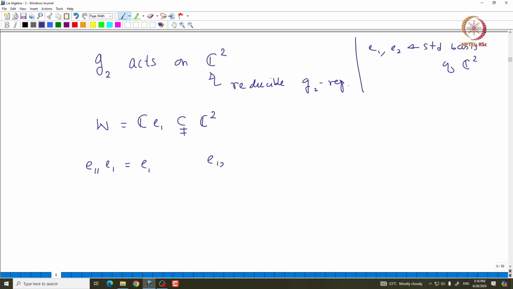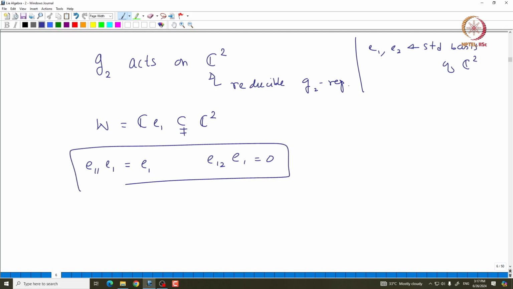Then if you take E12, which is acting on E1 will be 0, okay, just a simple matrix multiplication. So, that tells you that because G2 is the span of E11 and E12, which is the non-abelian two dimensional algebra, it says that this subspace spanned by E1 is indeed a submodule.